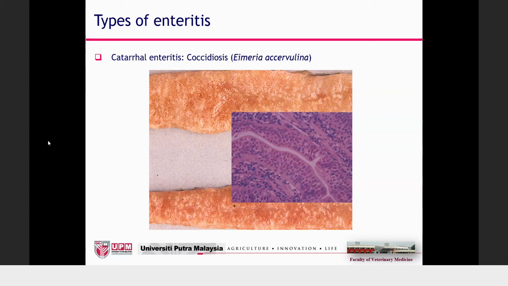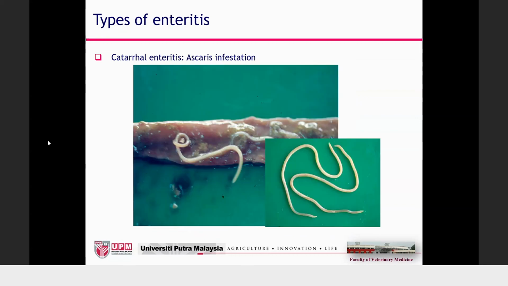I mentioned earlier catarrhal enteritis or catarrhal stomatitis, but now we have a very clear specific agent, as we observe in cases of catarrhal enteritis. They also can lead to catarrhal enteritis, the Ascaris. So in this case, they don't cause much problem, because what the Ascaris does is only lead to irritation of the epithelial lining or mucosa of the intestine.